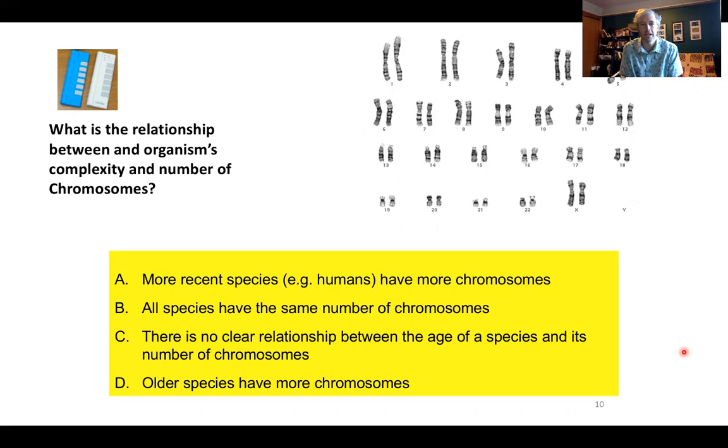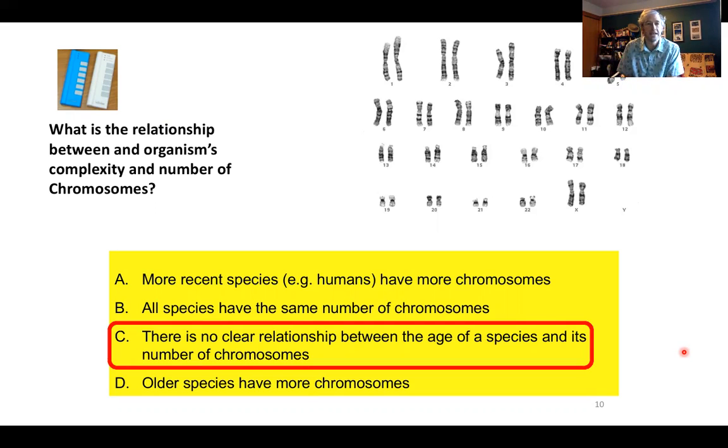C, there is no clear relationship between the age of a species and its number of chromosomes. Or D, older species have more chromosomes. We'll just think about this for another 15 seconds and see what you think the answer is. Okay, 3, 2, 1, go.